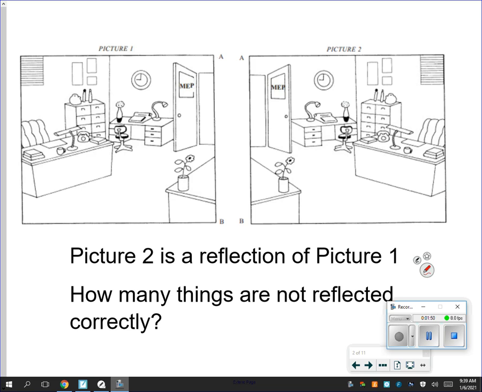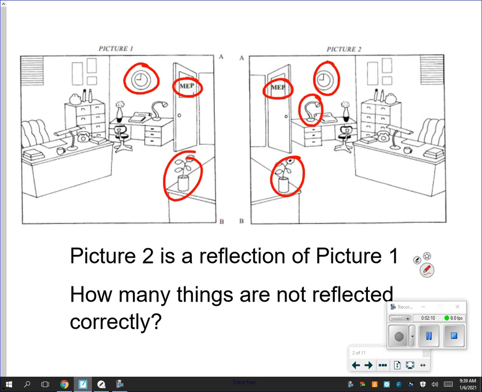Alright, welcome back. So the things that are not reflected correctly are, first, the flower vase in the front. You have this mop on the door. We have the clock, not reflected correctly. You have the lamp on the desk.